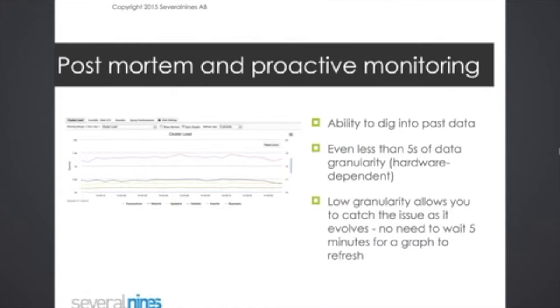So the closer to real time in terms of granularity, the better. ClusterControl gives you 5 seconds, even less depending on your hardware. So this is a pretty nice resolution. And it's also important in terms of proactive monitoring.